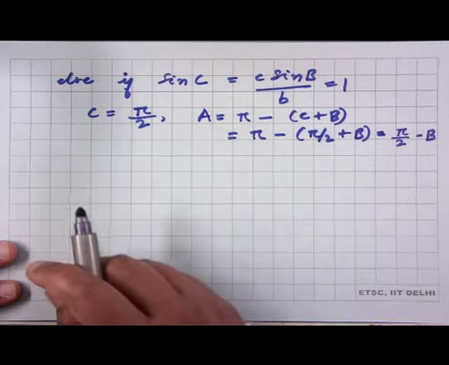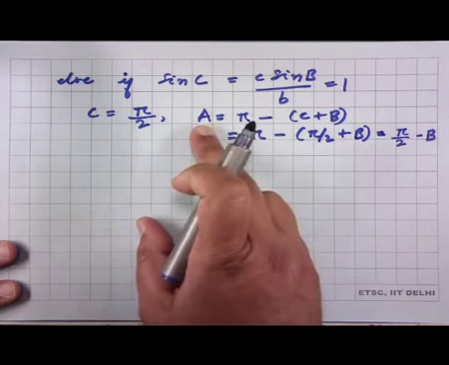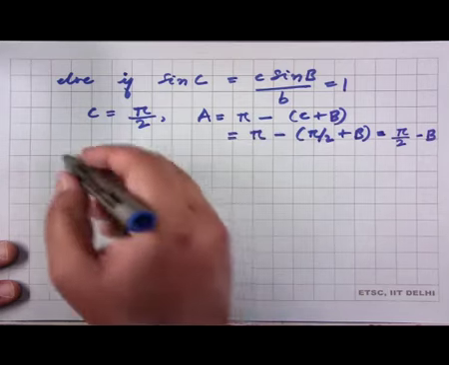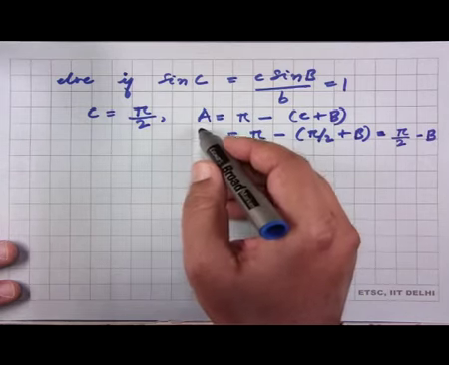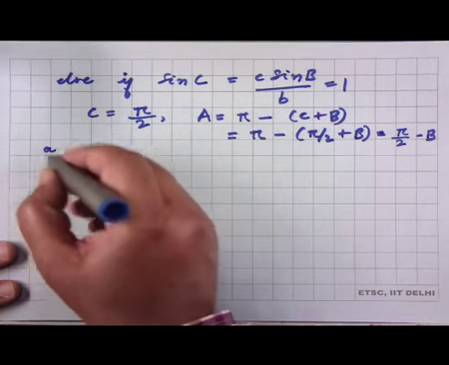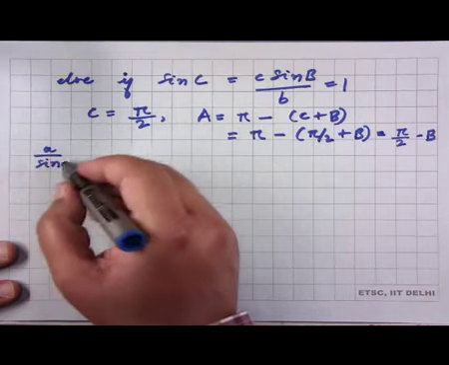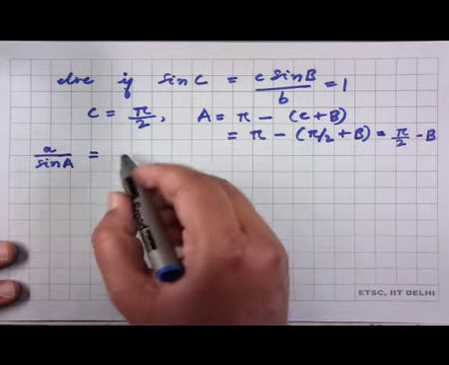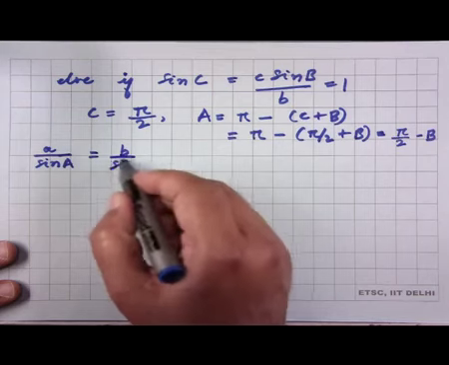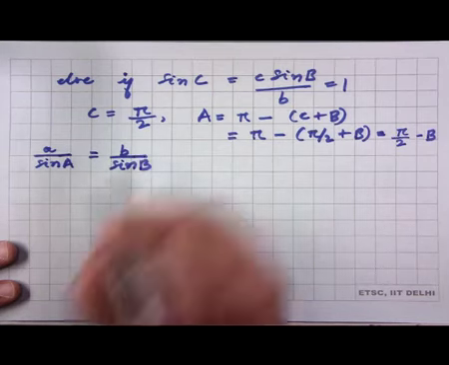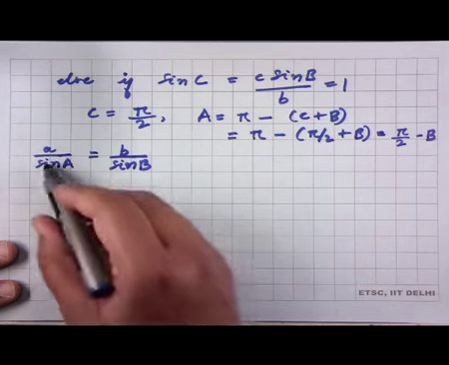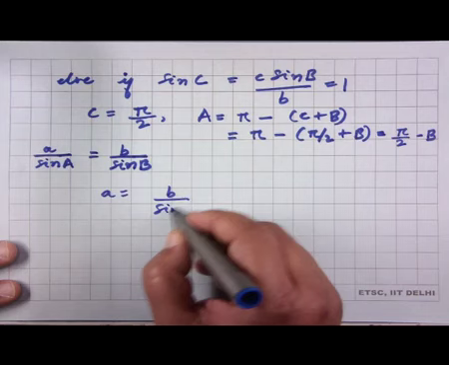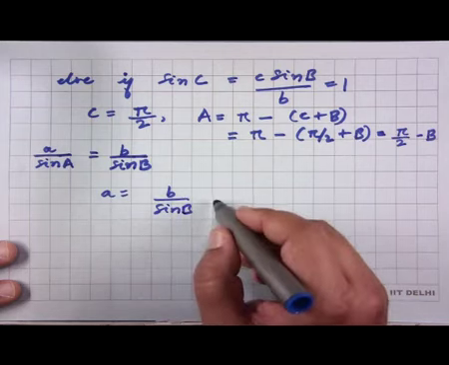pi by 2 minus B. And now that all the three angles are known, it is very easy to find the value of the remaining side a, because we have a by sine A equal to b by sine B, and therefore from here a is equal to b by sine B times sine of A, but A is this value.